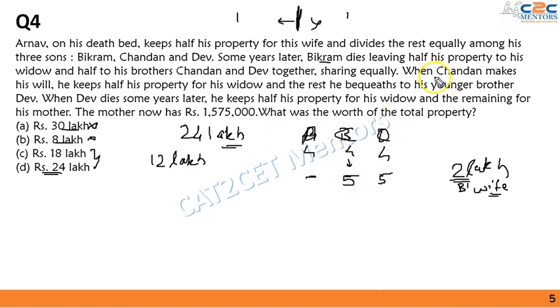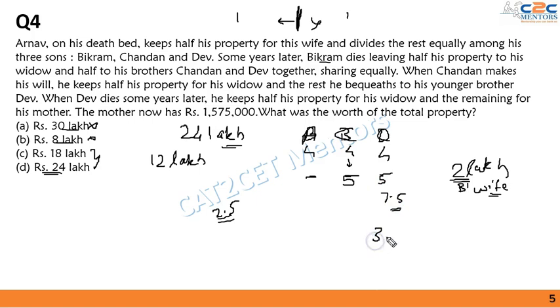Now as we proceed further, Chandan makes his will and he keeps half of his property, that is 2.5, for his wife, and half of this goes to his younger brother. So this is 7.5 over here, 5 plus 2.5. Okay, now we are given that when Dev dies, he keeps half of his property for his widow and half of this to the mother.